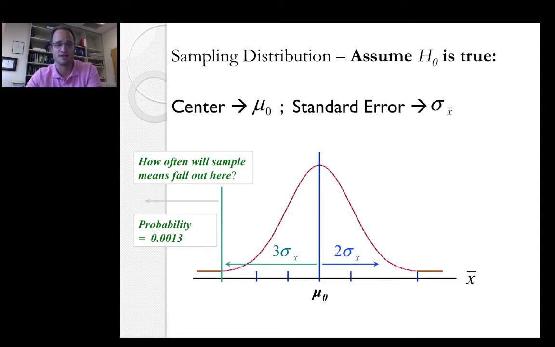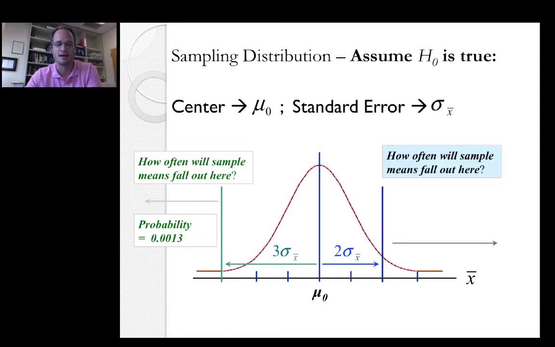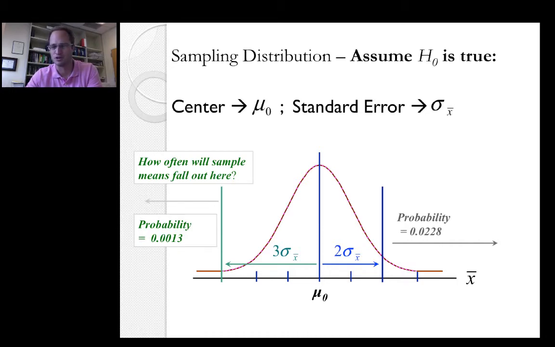Another example, let's look at 2 standard errors above the mean. We know that this is going to happen about half of 5% by the empirical rule, and more precisely about 2.3%, 0.0228. What I'm illustrating here is the likelihood of sample means falling out into these tails given a population mean equal to that hypothesized value.